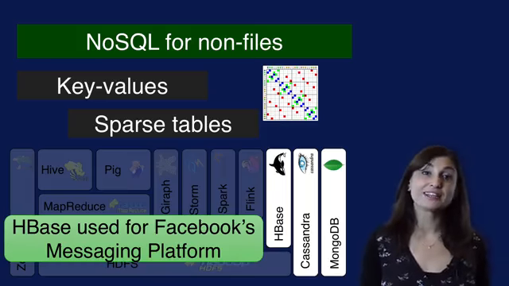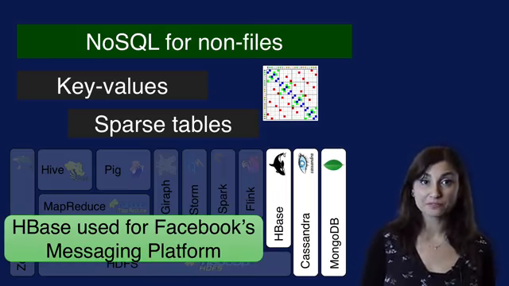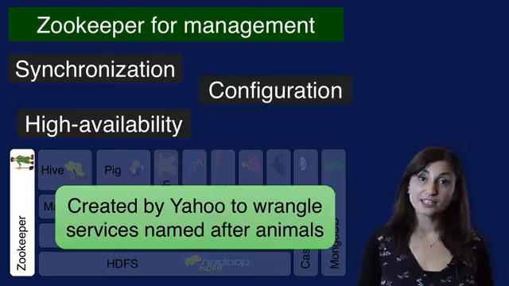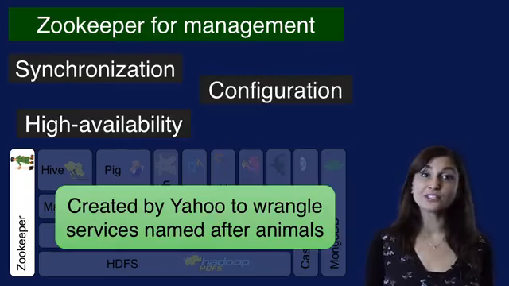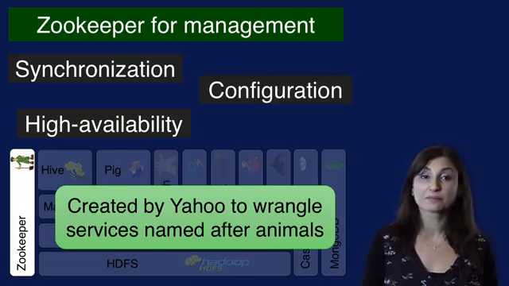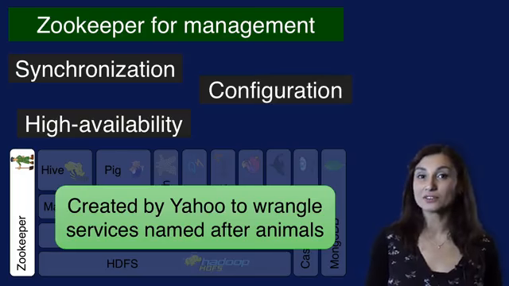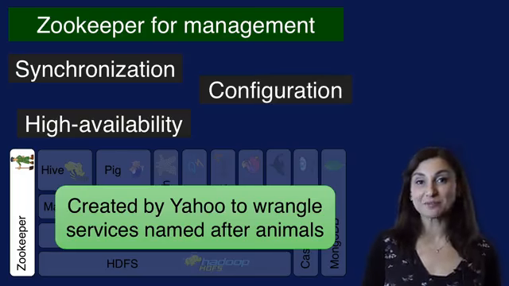Cassandra was created at Facebook, but Facebook also used HBase for its messaging platform. Finally, running all these tools requires a centralized management system for synchronization, configuration, and to ensure high availability. Zookeeper performs these duties. It was created by Yahoo to wrangle services named after animals.